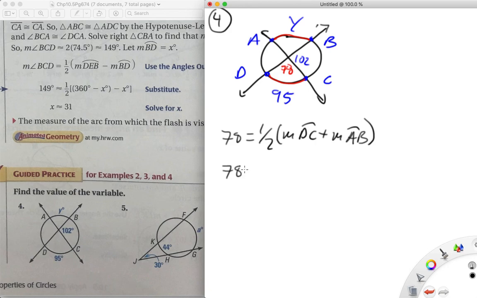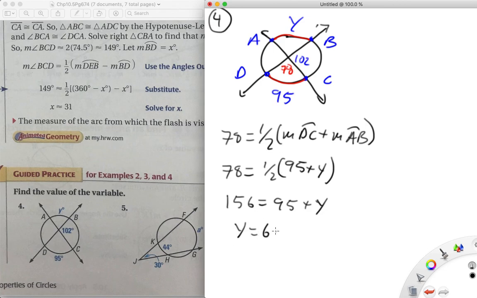So 78 is equal to 1/2 of 95 plus y. Multiply both sides by 2, and I get that 156 is equal to 95 plus y, subtract 95. And we get that the arc on the other side is equal to 61 degrees.